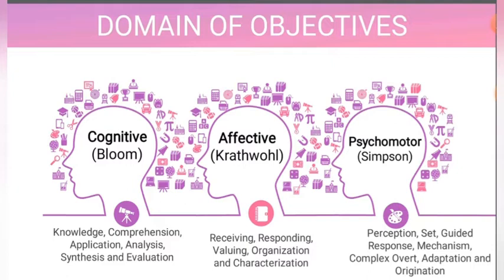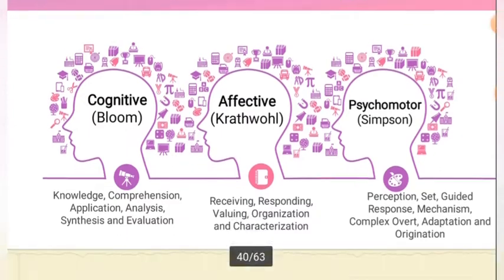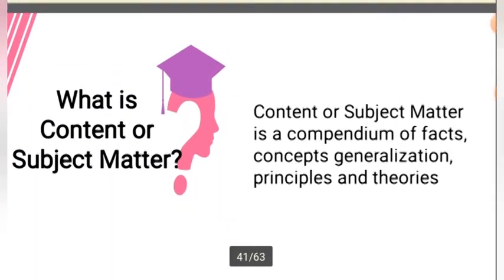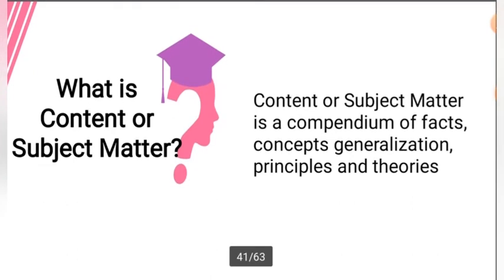While psychomotor is the domain on the use of psychomotor attributes, and this includes perception, set, guided response, mechanism, complex, overt, adaptation, and origination. So those are the domains of objectives. Next, we will encounter the question as to what is content or subject matter.